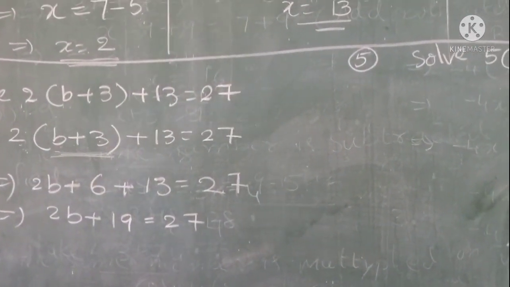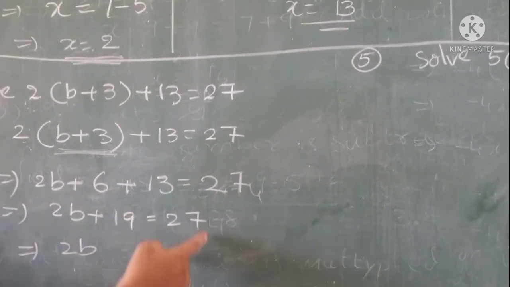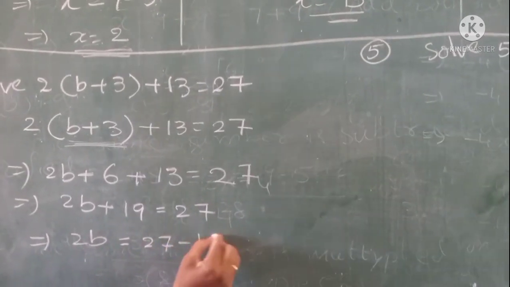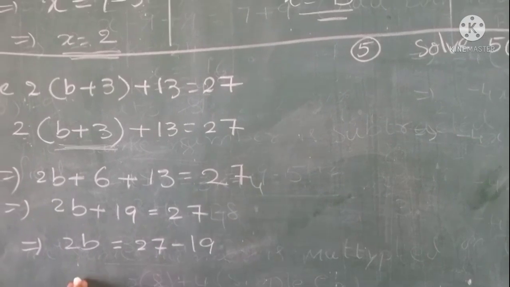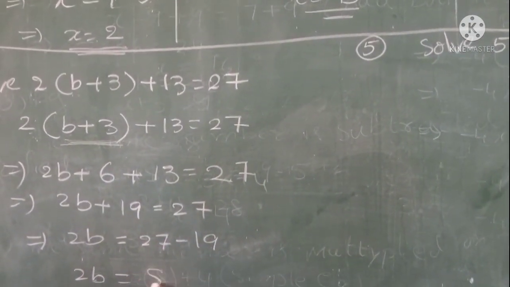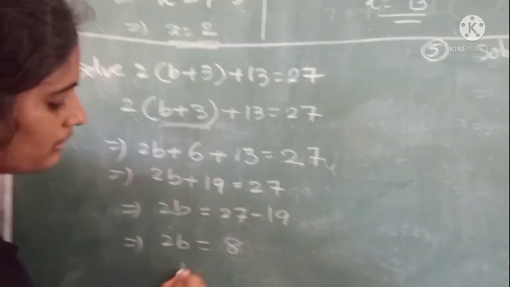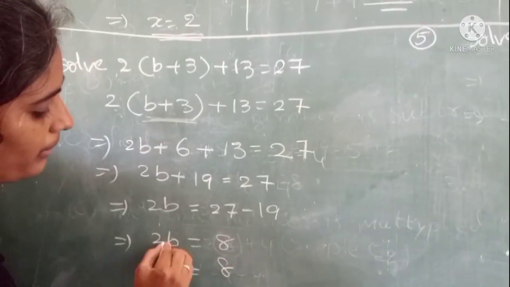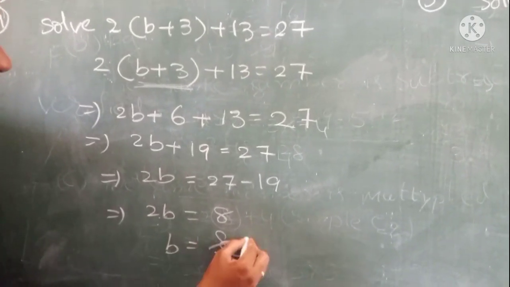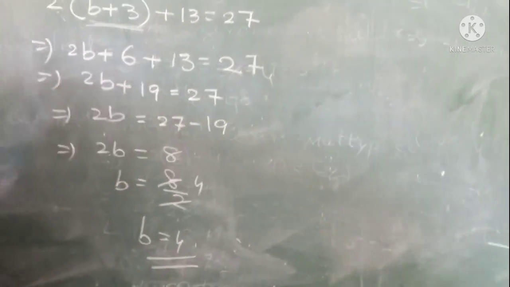The previous plus quantity changes to the minus quantity. So 2b equals 27 minus 19. So remove the 19, it becomes 8. 2 is multiplied by b, so we change that to the other side, 8 by 2. 2 multiplied on this side becomes division on that side. So 2 fours are 8, 4, so b is equal to 4.